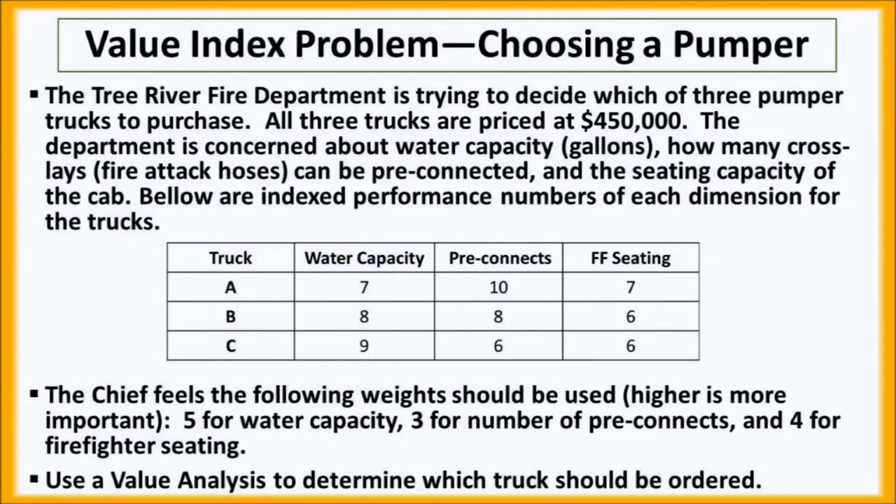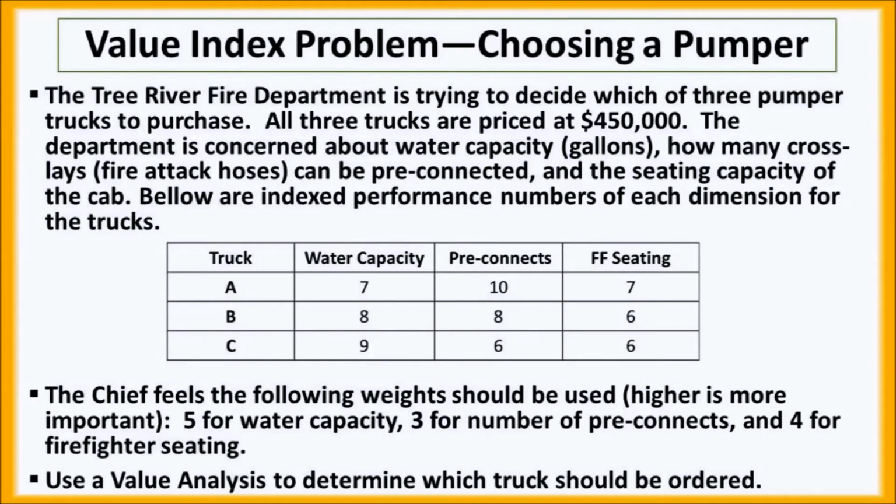The Tree River Fire Department is trying to decide which of 3 pumper trucks to purchase. All 3 trucks are each priced at $450,000. The department is concerned about water capacity, how many crosslays or fire attack hoses can be pre-connected, and the seating capacity of the cab. Below, the matrix shows all of the performance numbers for each of those dimensions for each of the 3 trucks.